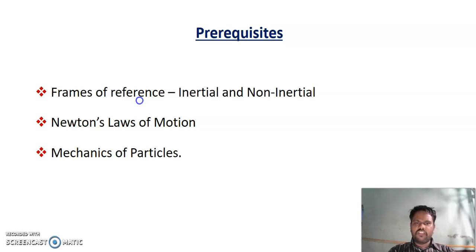If Newton's laws of motion are valid in that frame of reference, it is known as inertial frame of reference. However, if Newton's laws of motion are invalid in that frame of reference, you call it a non-inertial frame of reference. Example, rotational motion of Earth is an example for non-inertial frame of reference.